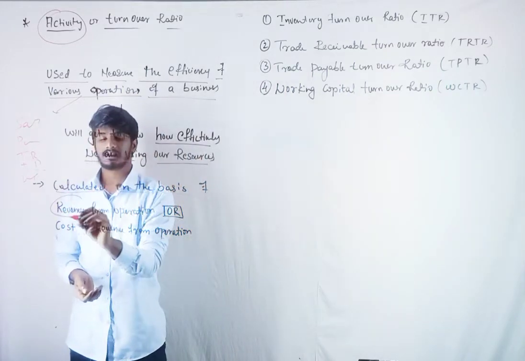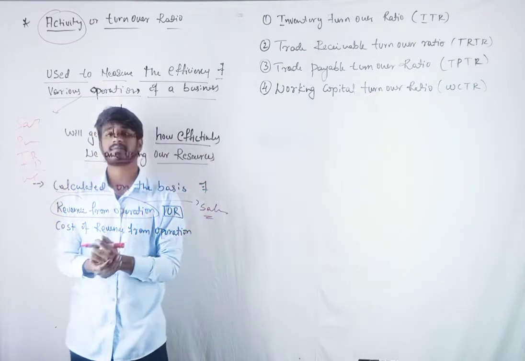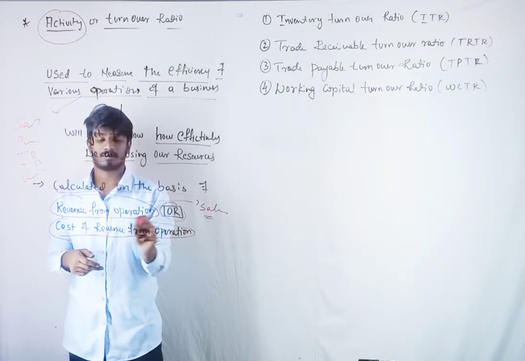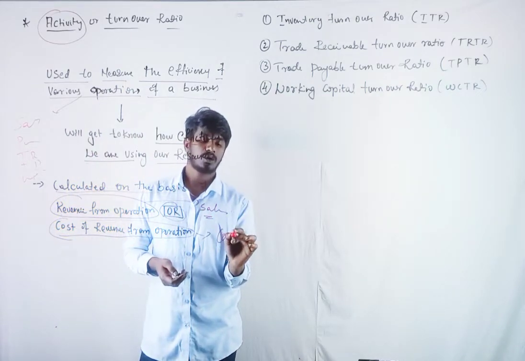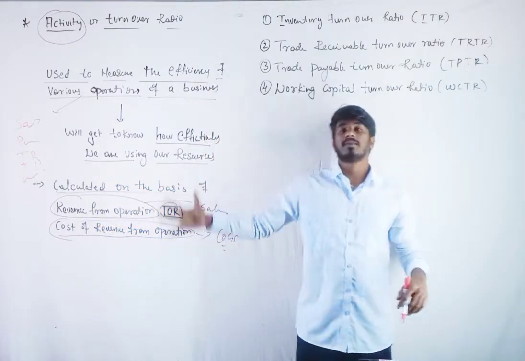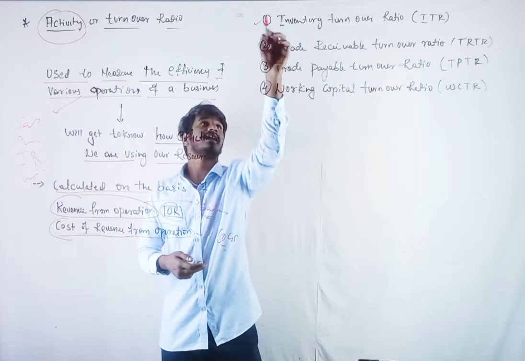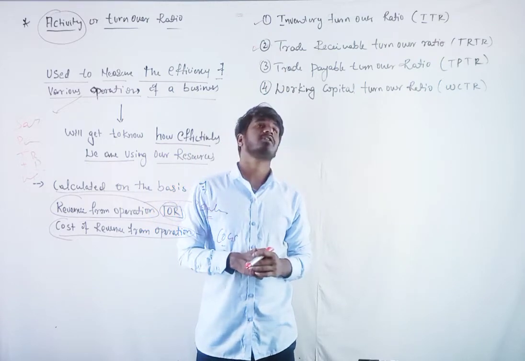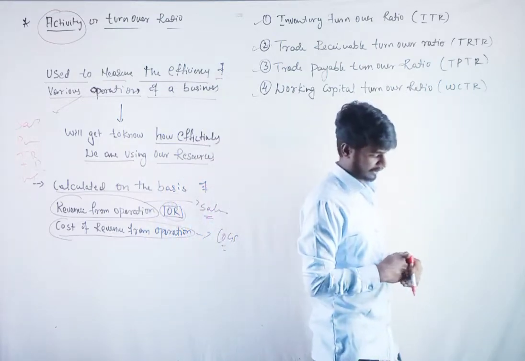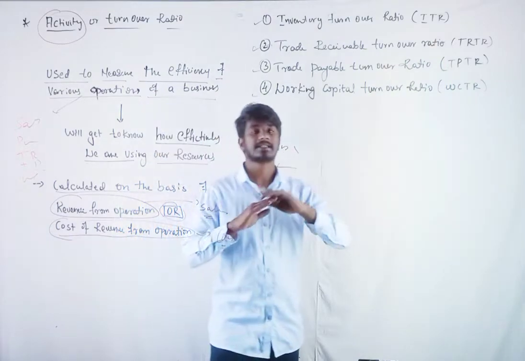On the basis of revenue from operations, which means sales, or cost of revenue from operations, which is cost of goods sold. Under this major ratio, we have 4 sub ratios: inventory turnover ratio, trade receivable turnover ratio, trade payable turnover ratio, and working capital turnover ratio. Let us understand these ratios one by one. Let us start.